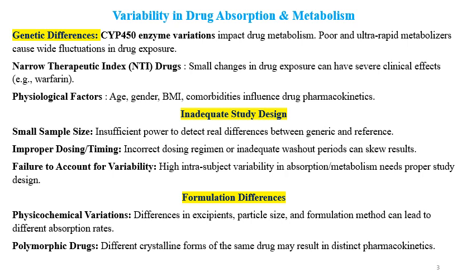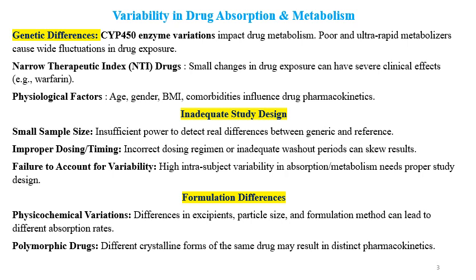All these are narrow therapeutic index drugs, and because of small changes in drug exposure, the bioequivalence may fail. Now coming to physiological factors like age, gender, BMI, and comorbidities in the patient population, which can influence drug pharmacokinetics.